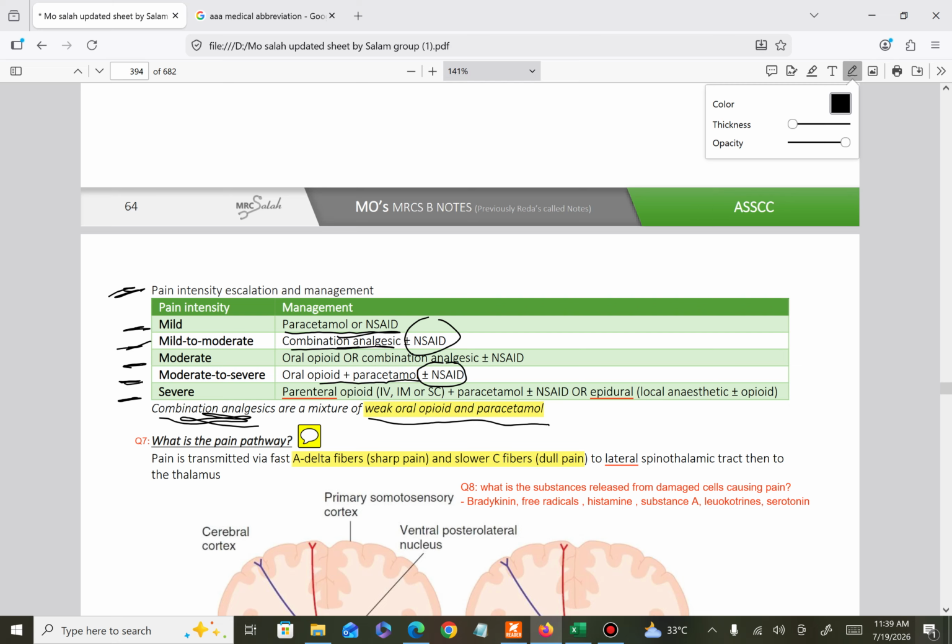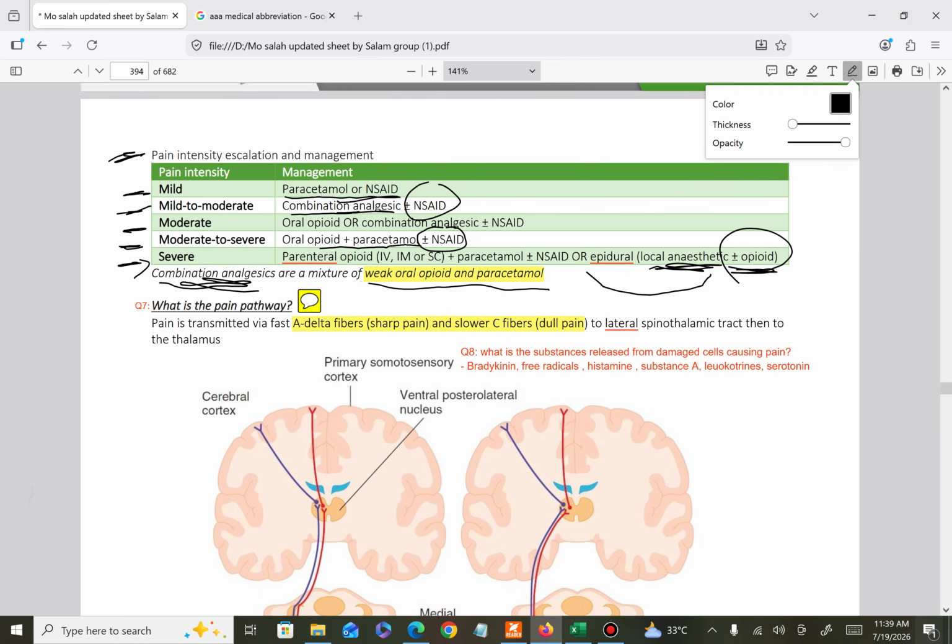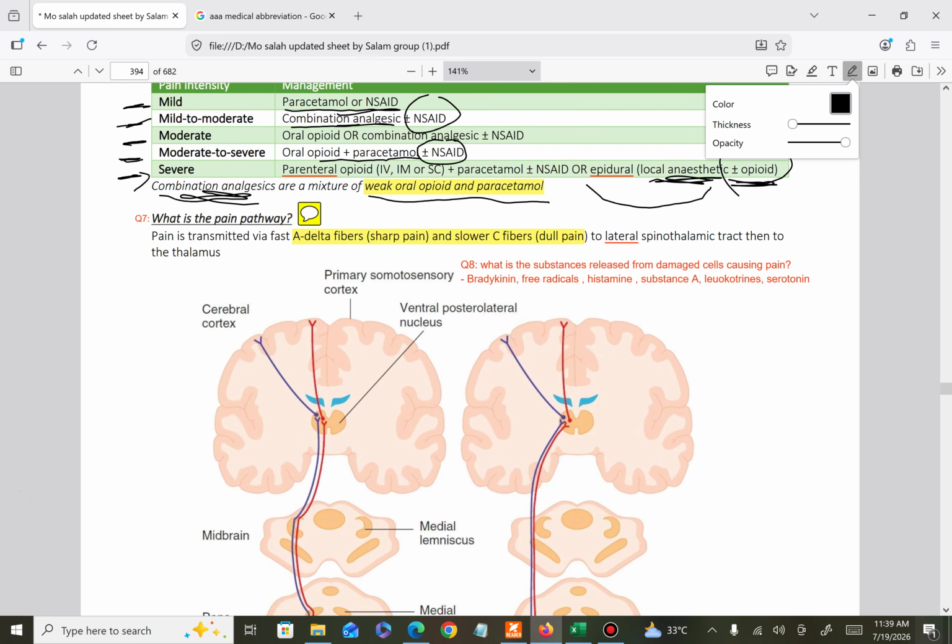Then for the severe pain, we have to use parenteral opioids, IV, IM or subcutaneous, plus paracetamol, with or without NSAIDs. But we can also use epidural analgesia, which includes local anesthetic with or without opioids. Okay, so this is for the severe pain intensity.